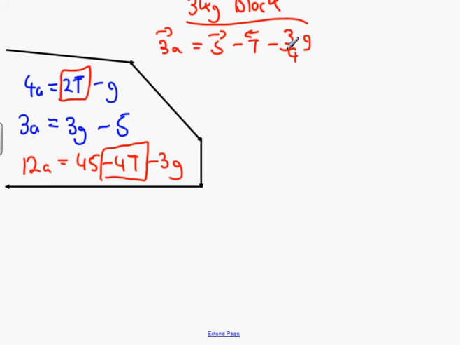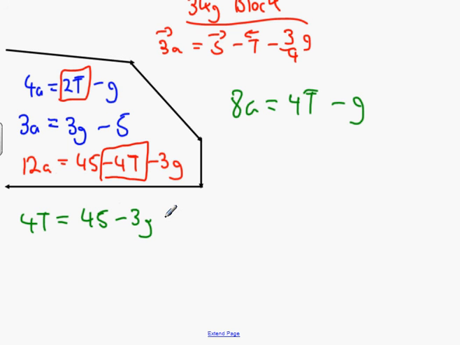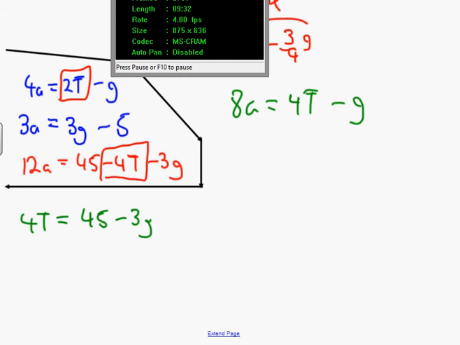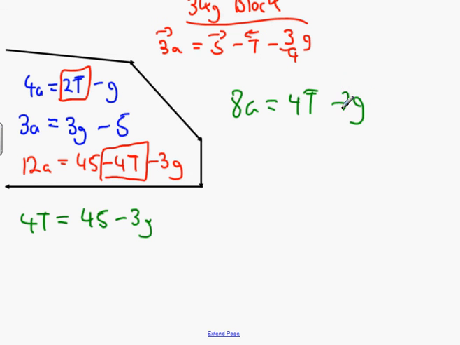So I'm going to turn the first equation into 8A equals 4T minus 2G. Then I'm going to turn this equation here by bringing 4T to the left. 4T equals 4S minus 3G, and then take away your 12A. What do you say? Multiply this one by 2, so that is 2G.